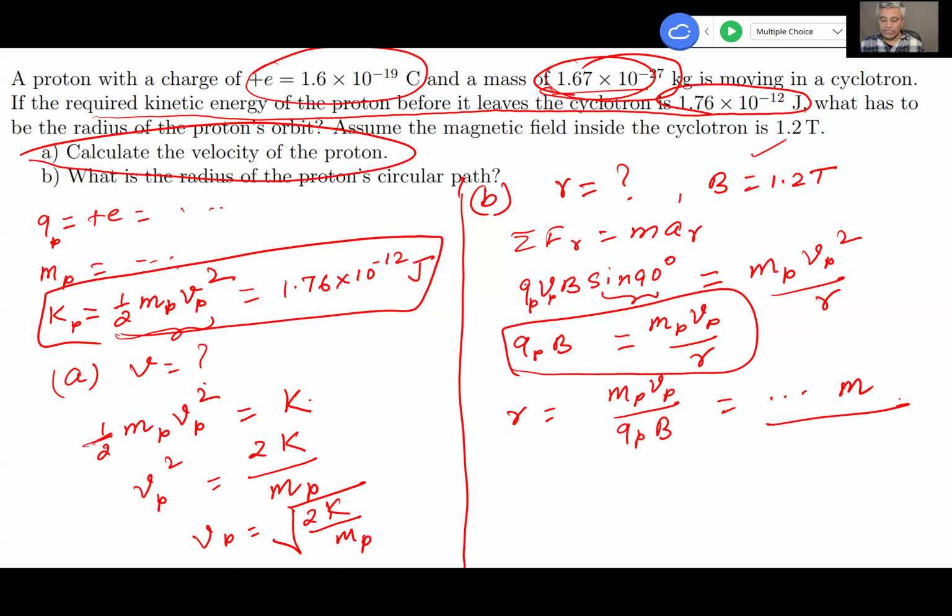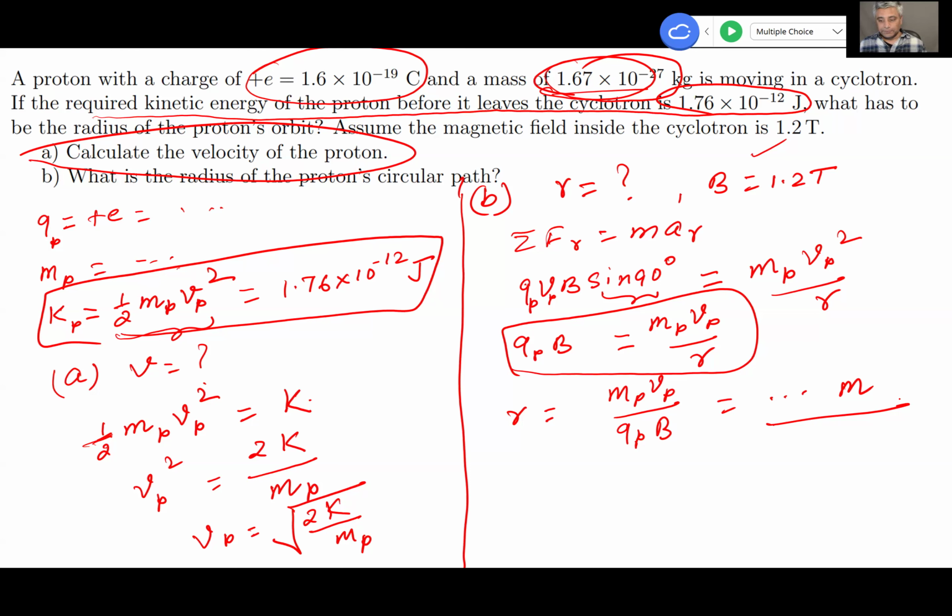So that's how we do it, folks. That's how we use the circular motion concept. See, what we learned in physics 1, we are using all of those here. Okay, so I got a huge number for v. Yes, it is moving. These things are moving really fast.